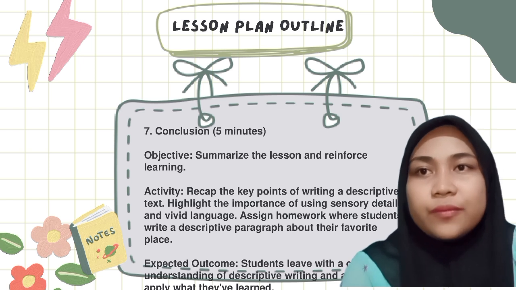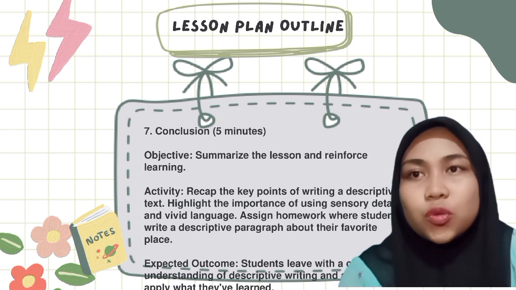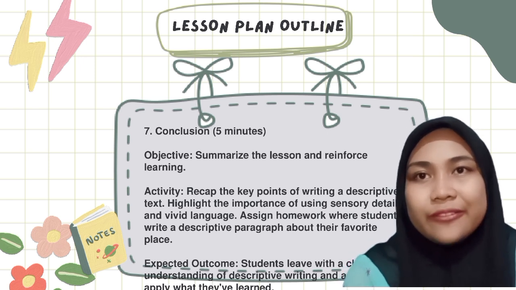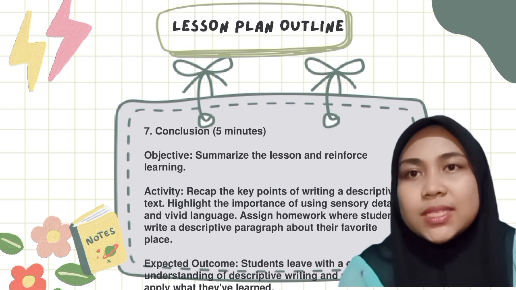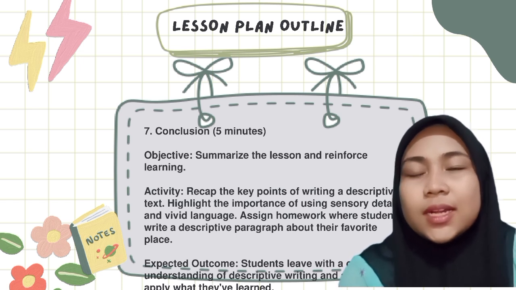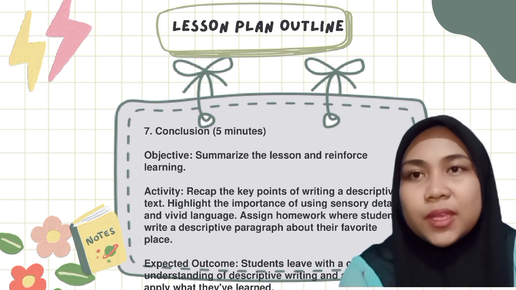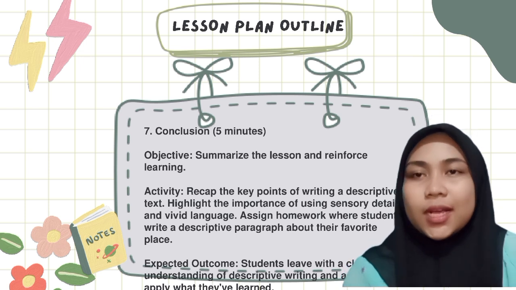Then give homework for students to write a descriptive paragraph about a favorite place they have. Expected outcome: students leave with a clear understanding of descriptive writing and an assessment to apply what they have learned during class.